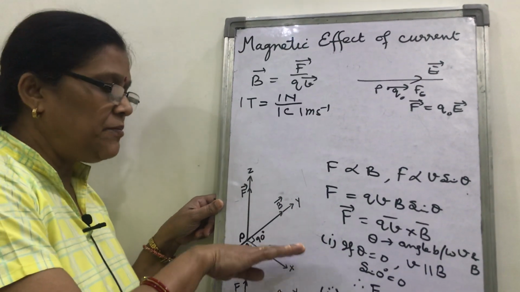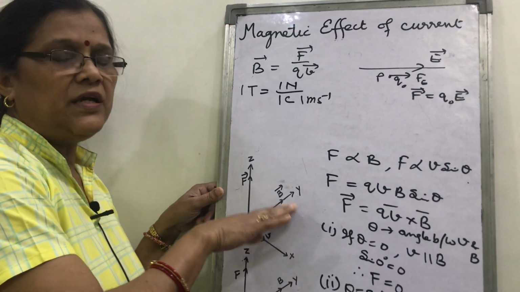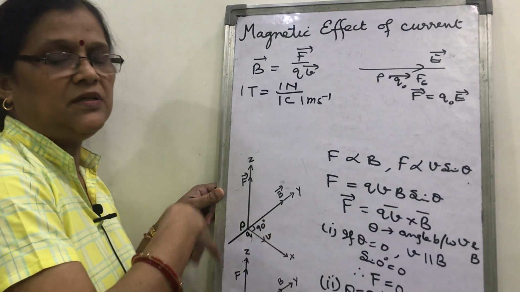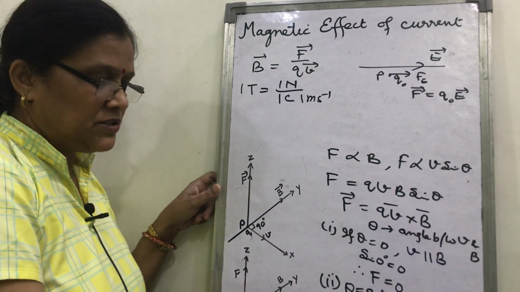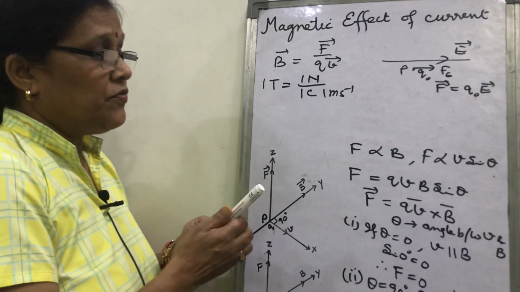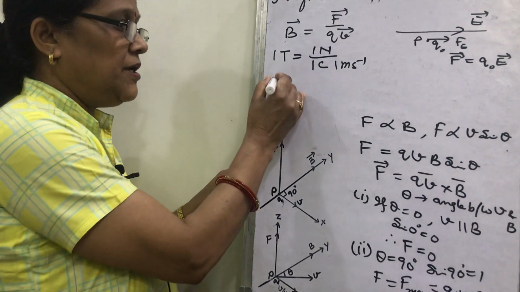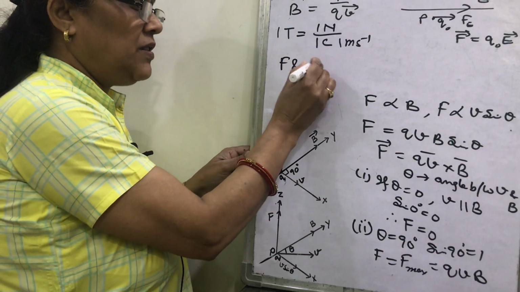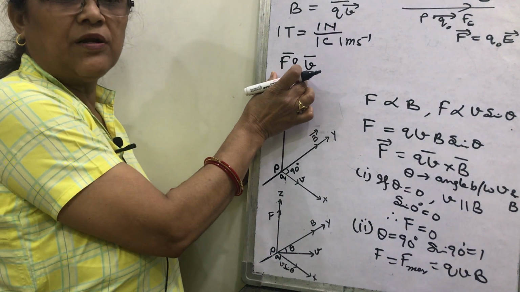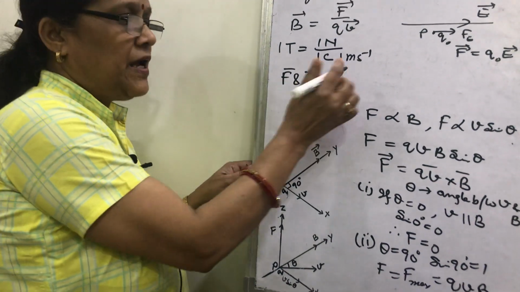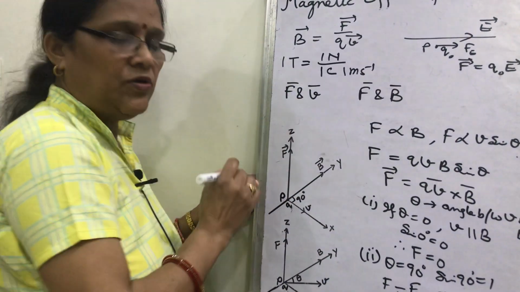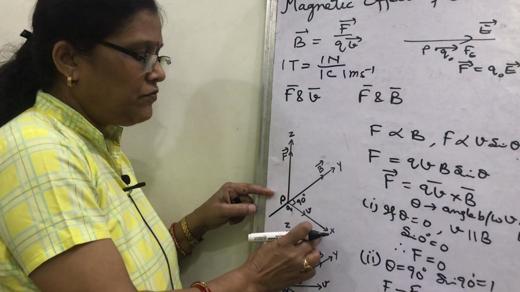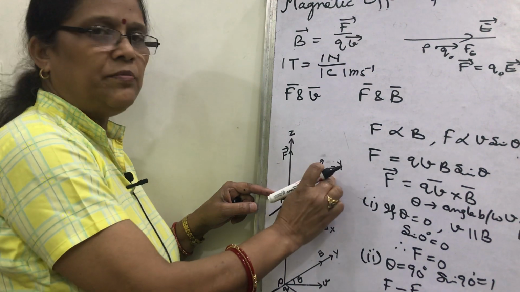So if a charged particle moves in any direction other than parallel to a uniform magnetic field, it will always experience a force. Finally, force and velocity are always perpendicular, and force and magnetic field are also perpendicular. Force is perpendicular to V, and force is perpendicular to B.